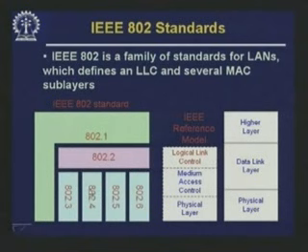Below 802.2, we have various kinds of medium access control: 802.3, 802.4, 5, 6, and now we have 11, 15, 16, all kinds. All these are in the data link layer. Above this are the higher layers, and below it is the physical layer.